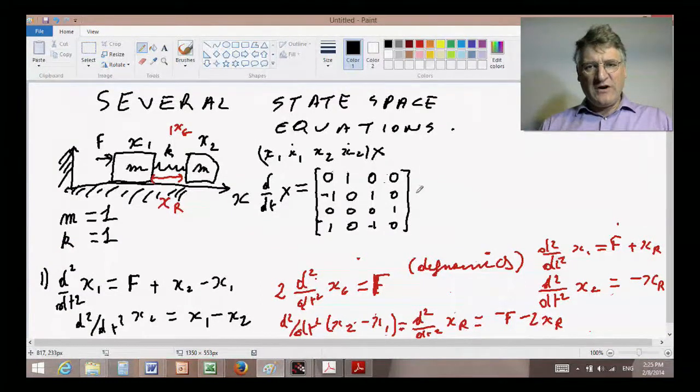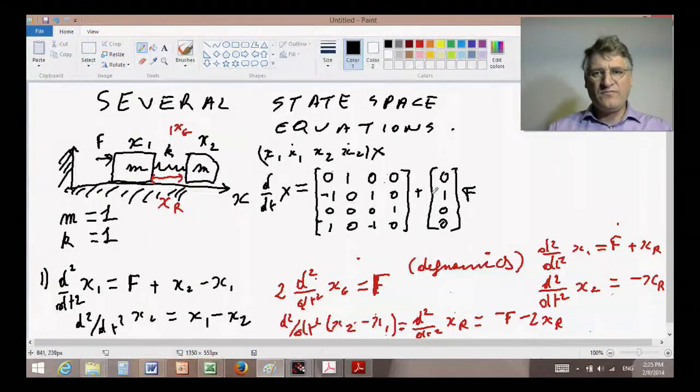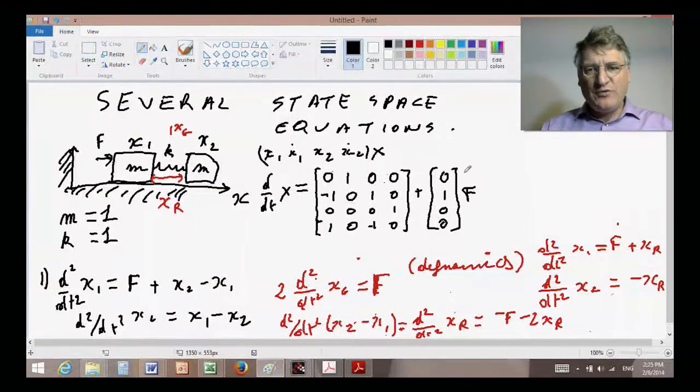Now for the B matrix, it will become 0, 1, 0, 0 times F. Now we'll talk about the outputs later, but let's now move to these dynamics instead.